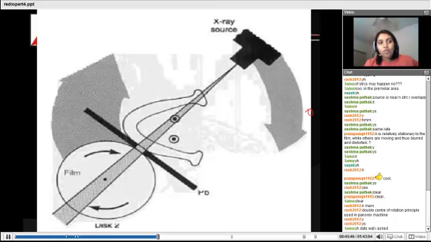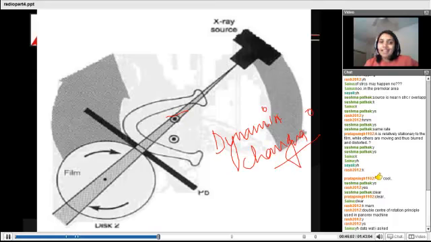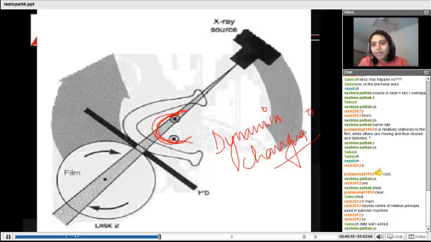So now we have a new concept: a dynamically changing center of rotation. As the X-ray sweeps, the center of rotation keeps on changing. Getting the point? It's something like a camera being moved, with continuous movement of the cameraman happening.